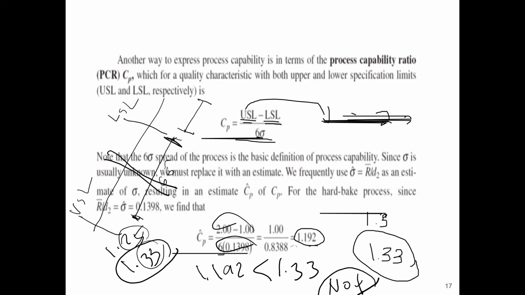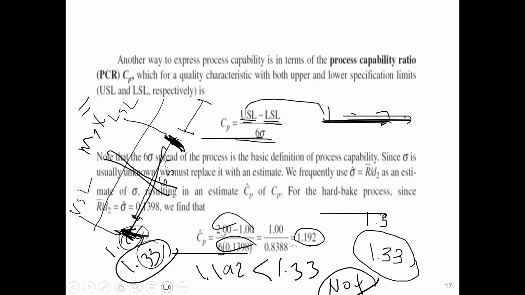Centered means both of these are at the same center. This is mu or x double bar for the process, which is the middle. This is the 6 sigma. If it is not centered, that means the process is not good.